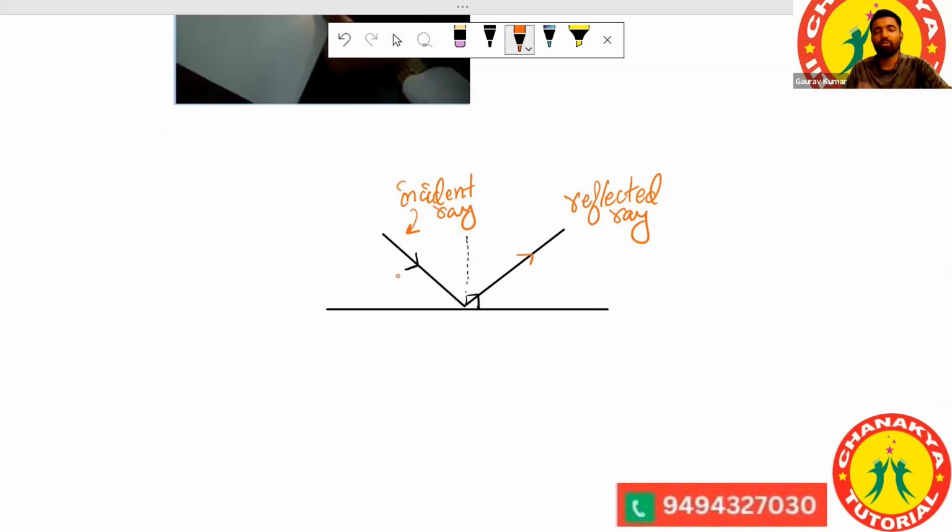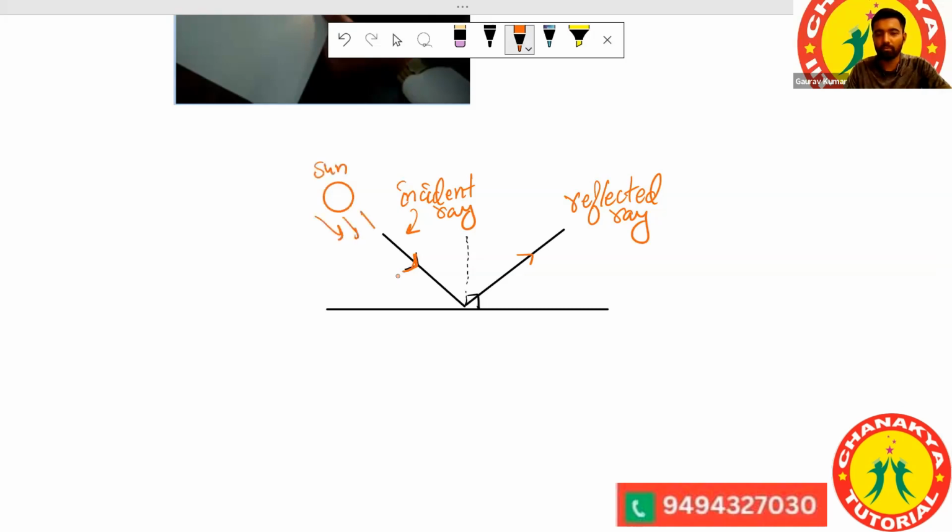Okay, so we are talking about the different parts of light. So there is an incident ray which is coming from a source. The source can be the sun. Assume the source is the sun.